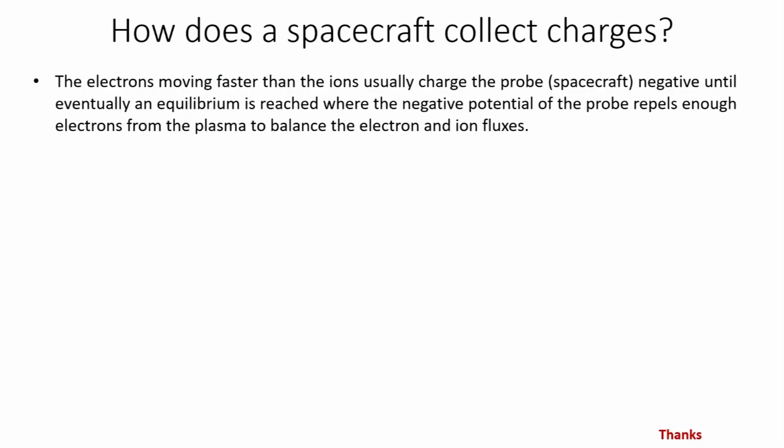Here, as I already said, the electrons are moving faster than the ions, and what will happen, electrons will move faster, and they will be collected by the spacecraft surfaces, and then those electrons will start repelling the electrons, and they will start attracting the positive ions.